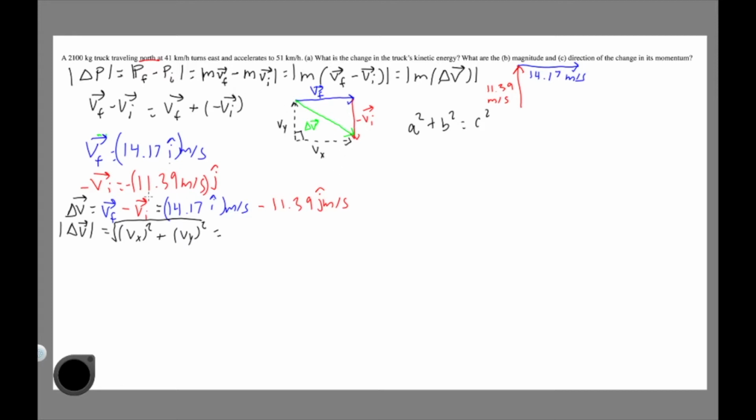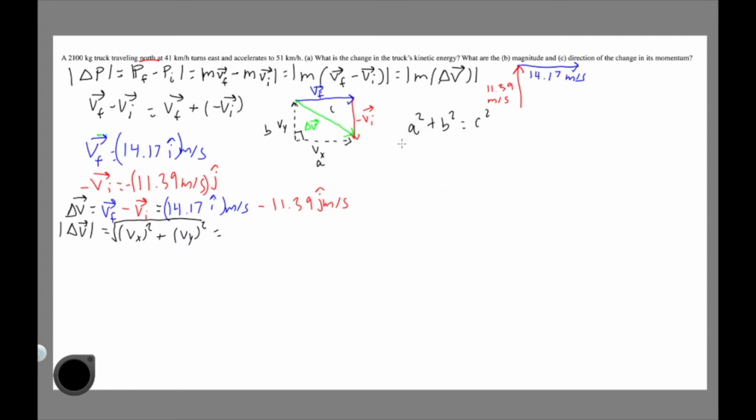So in this case, let's call a Vx, let's call b Vy, and let's call delta V c. So these are going to be the sides of our right triangle.